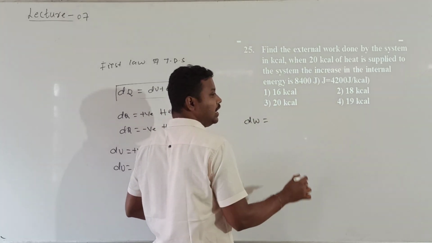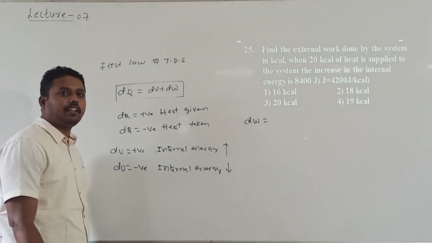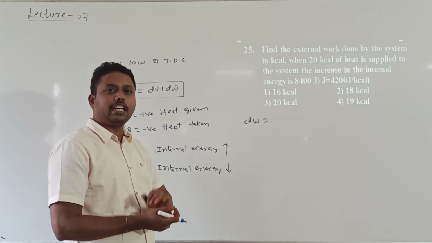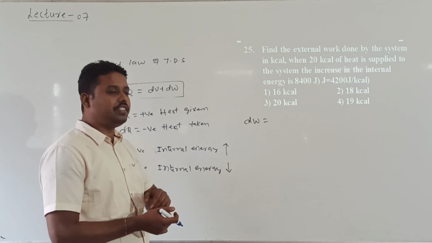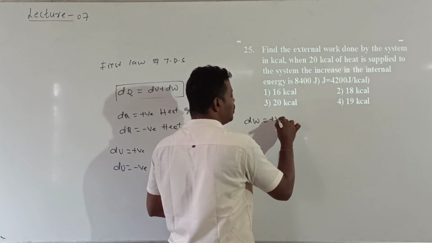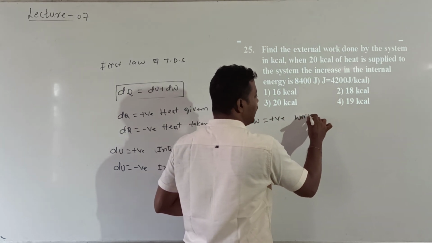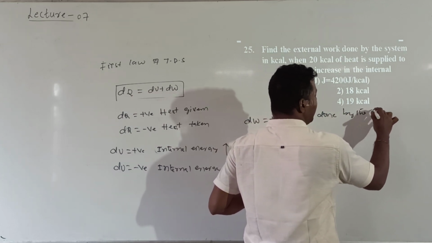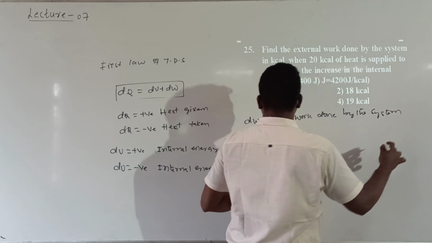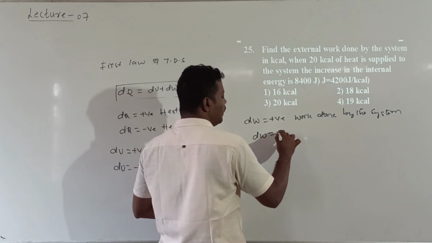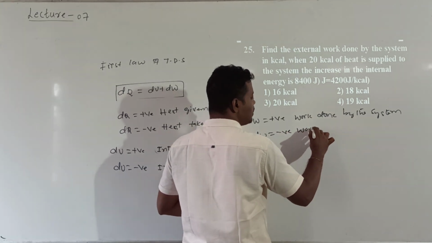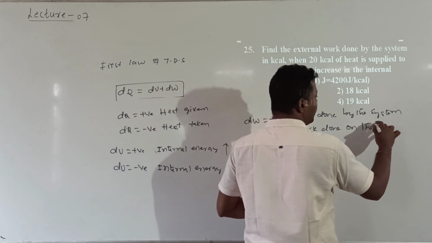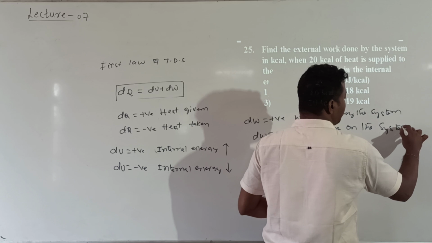I thought for you thermodynamics is over in chemistry, but the next chapter will start, and there you will find a difference between the chemistry and physics sign conventions. Our physics sign convention is: dW is positive when work is done by the system, and dW is negative when work is done on the system. So you have to remember this sign convention.